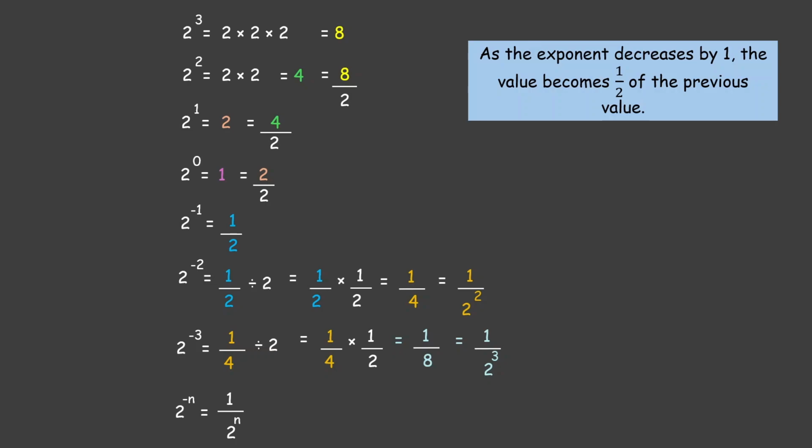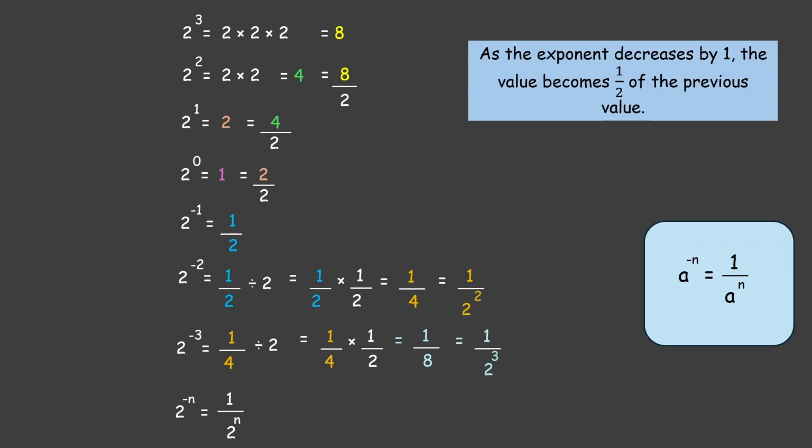So, from this activity that we just did, we can conclude that for any non-zero integer a, a raised to the power minus n is equal to 1 by a raised to the power n.